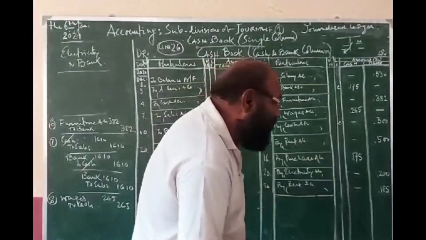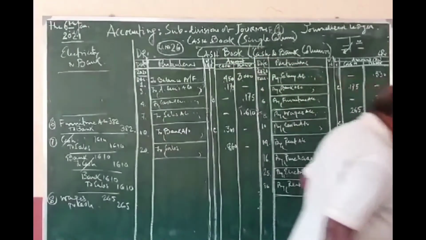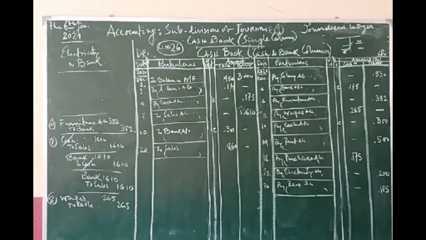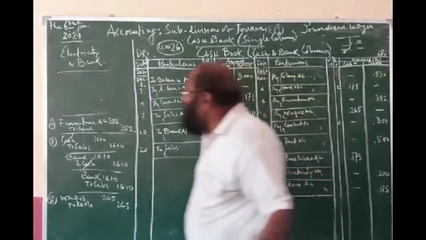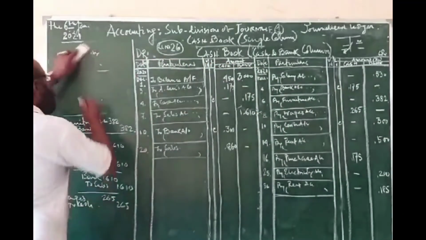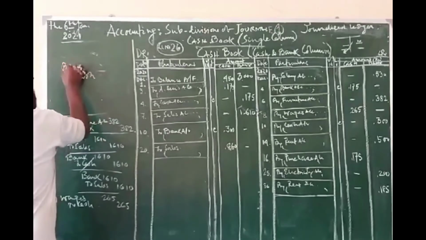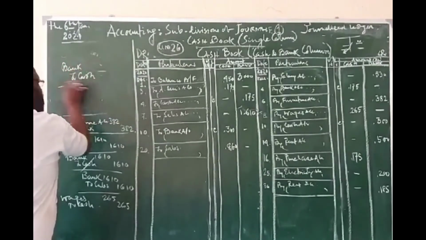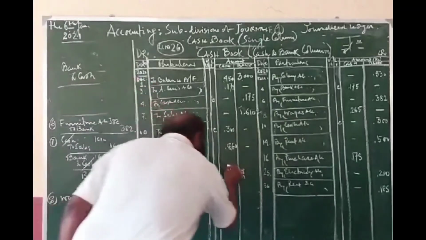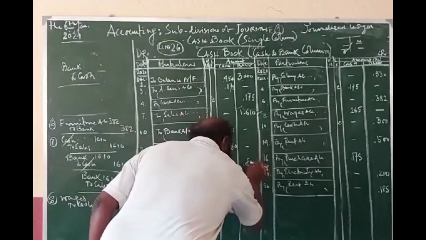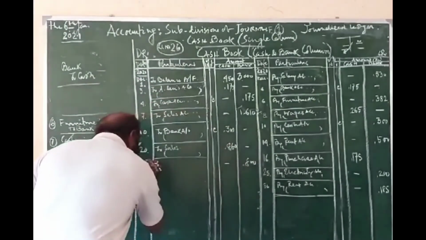Okay. Now deposit cash into bank 800. What is coming in? Nothing is coming out. What is going out? Cash is going out. So cash account credit to cash. And who is the receiver? Bank is the receiver. So bank account has been debited. So here we should debit 800 and in what name?